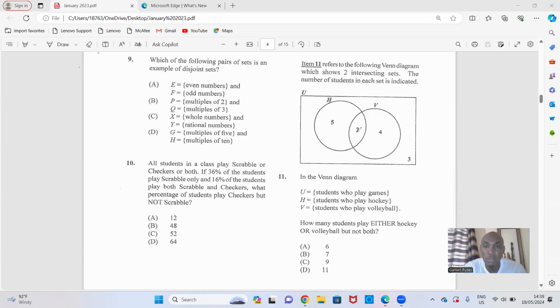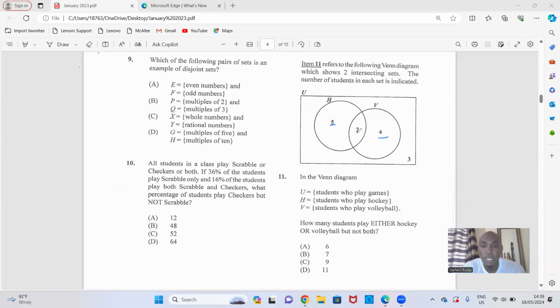This 2 is those who play both hockey and volleyball, while this little 3 out here is those who play neither hockey nor volleyball. It says how many students play either hockey or volleyball, but not both. So this 5 play either volleyball or hockey, and this 4 play either volleyball or hockey.